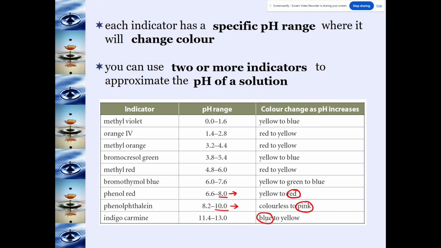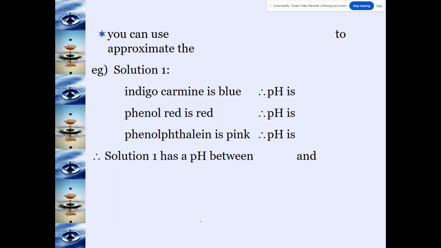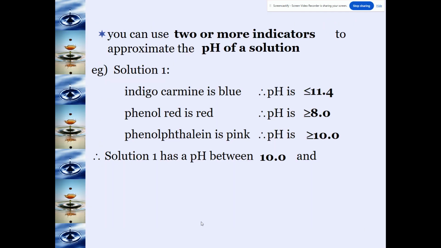And in order for indigo carmine to be blue, it has to be equal to or less than 11.4. Okay? So with all that information, we have to narrow it down to the smallest range. Now, it can't be 8 because it also has to be greater than 10. So the smallest range we can get it to is that it has to be above 10, below 11.4. Okay, so again, we would say the range is 10.0 to 11.4.